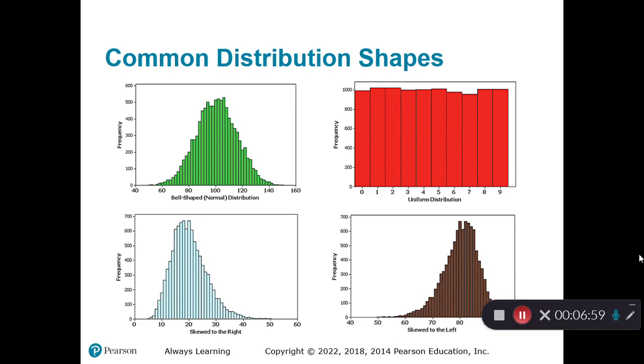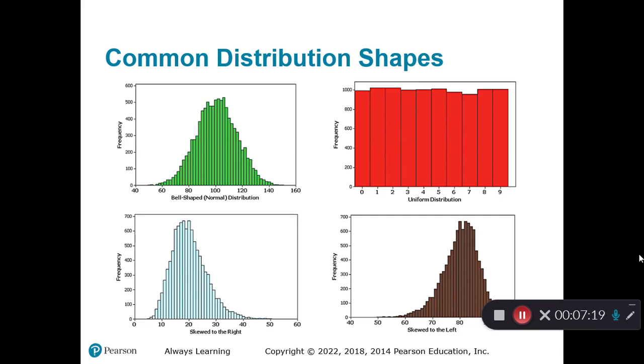The word normal refers to the shape that has very low frequencies to begin with on the left. Those frequencies start increasing until they reach kind of a maximum value, and then they start decreasing at a very similar rate, and eventually they drop off to very low frequencies.